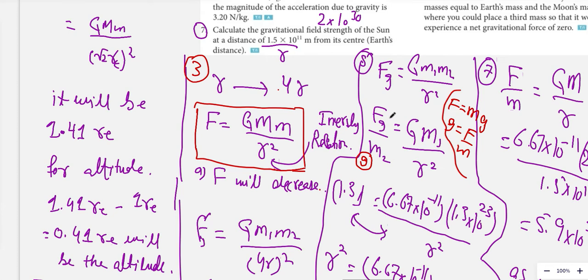We know that constant G is equal to 6.67 times 10 to the power minus 11. M2 is actually included in the value of gravitational field strength because it is equal to force per m2. So F divided by m2 is already given.